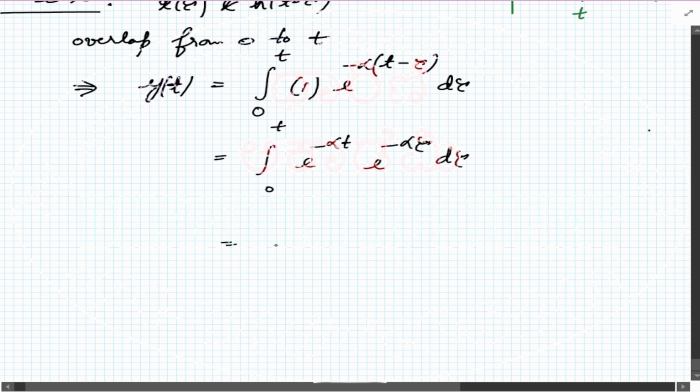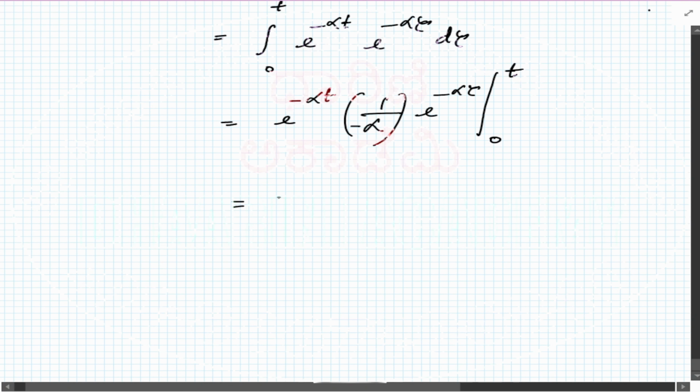So e to the minus alpha t is a constant for us as it is. Integrating e to the minus alpha tau gives e to the minus alpha tau divided by minus alpha, evaluated from 0 to t.